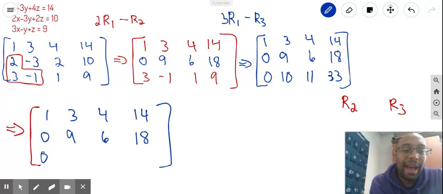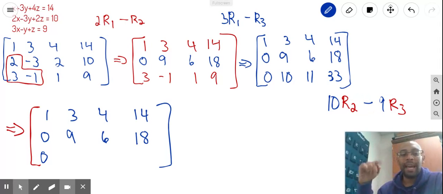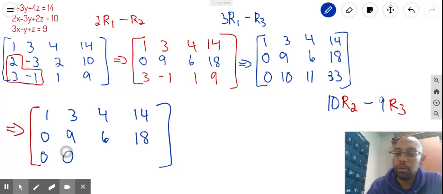Sadly here we don't have many options except to multiply row 2 by 10 and row 3 by 9. That will give us 90 for each one, so then I just subtract. So 10 times every number in row 2 minus 9 times every number in row 3 will give us what we need. So 9 times 10 is 90, minus 9 times 10 is 90, so that's 0.